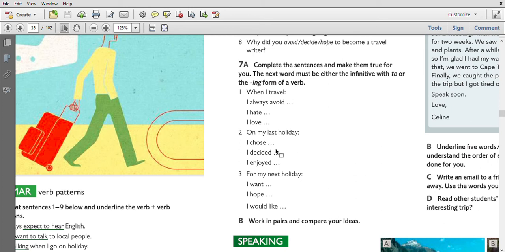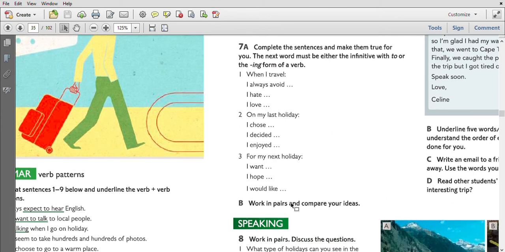I decided to visit a faraway island, for example. I enjoyed going to the village or staying in the village. For my next holiday, I want to visit Greece. I hope to visit Greece one day. I would like to visit Greece in future.